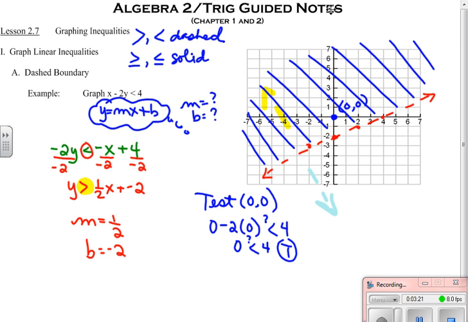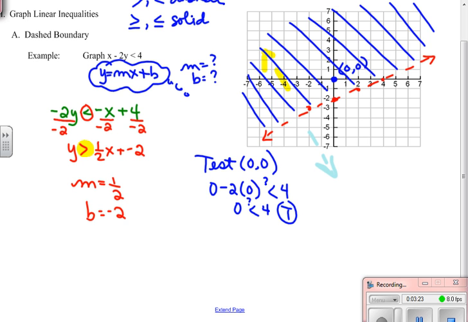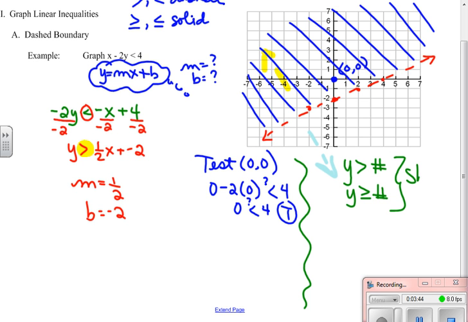Now, the other way you can do this, and this makes me nervous, but this is how the other math teachers teach it, is if you have your y on the left, so you have y greater than something, or y greater than or equal to something, then you shade above the line.